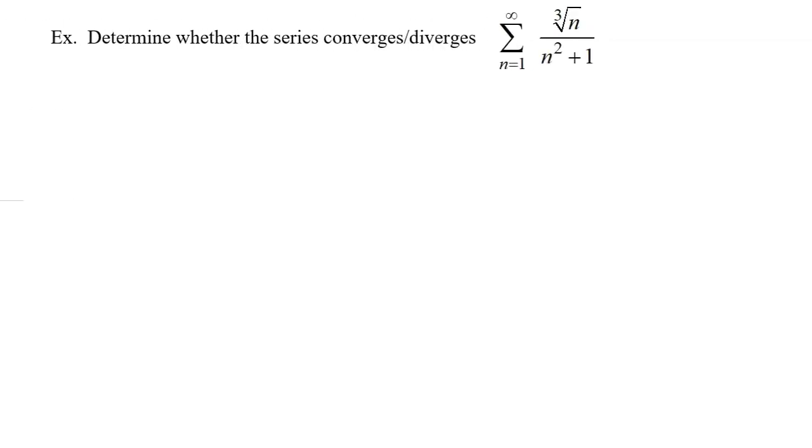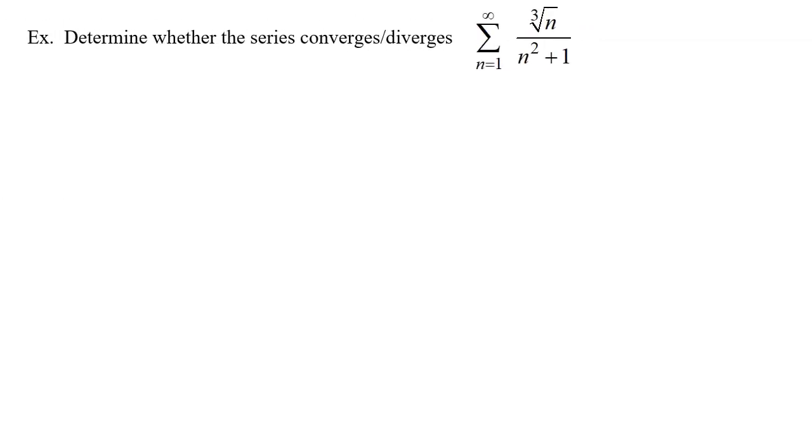For this next example, we're going to determine whether the cube root of n over n squared plus 1 converges or diverges. Again, this is a good opportunity to use the limit comparison test because there's n's with the power in the numerator.